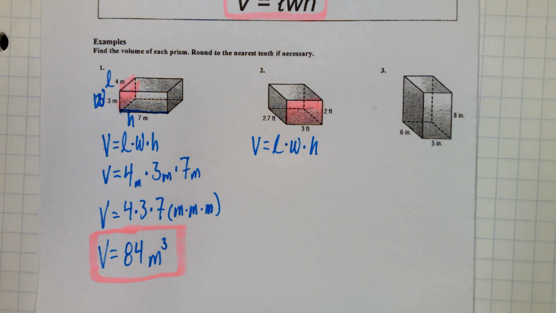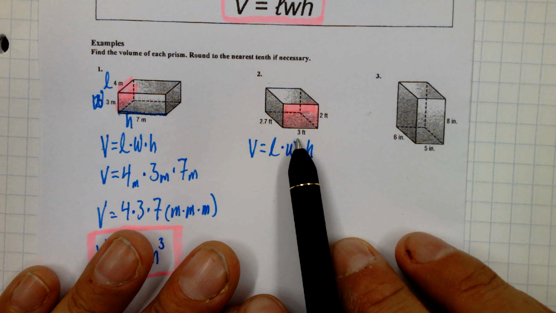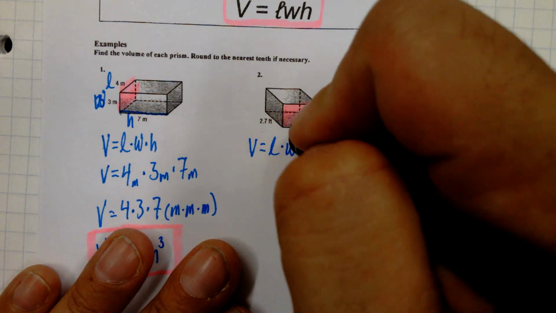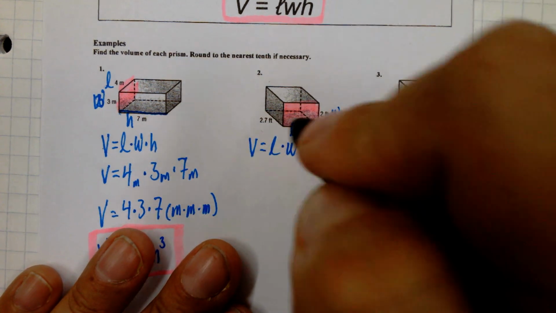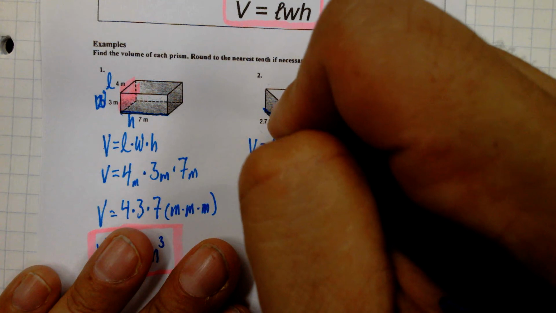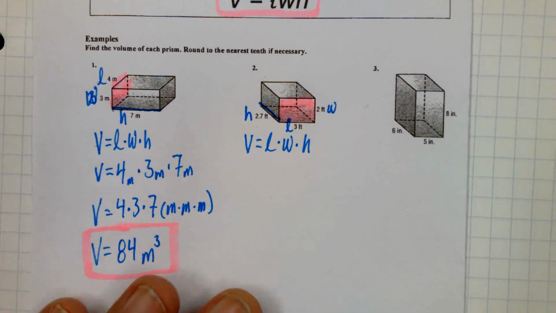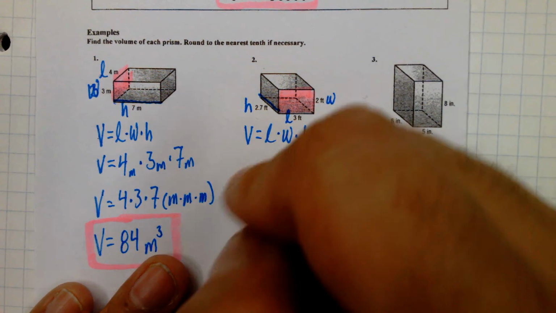That's going to give us the length and the width. So let's figure out which one is our length and which one is our width. Let's make 3 the length. And this is going to be our width. That makes this right there the height. So we got 3 times 2 times 2.7.